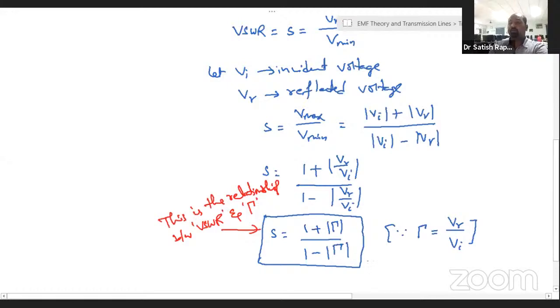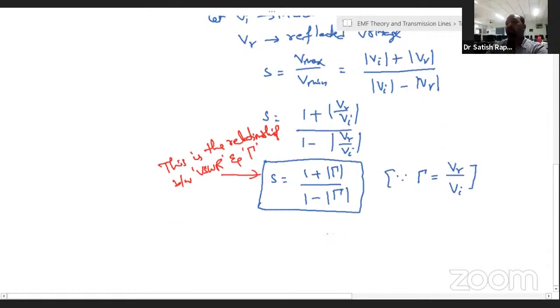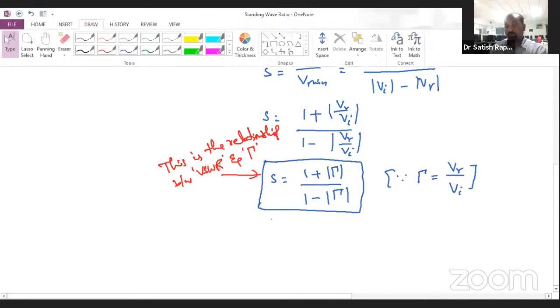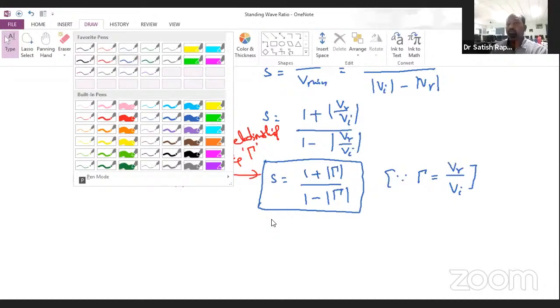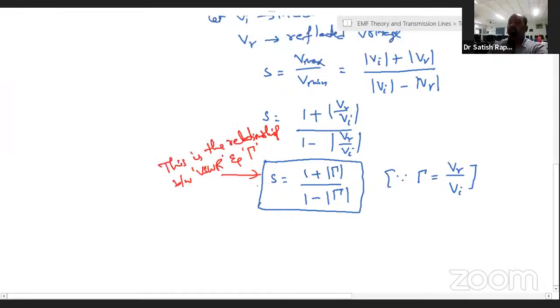Very important, remember this formula. Small s, VSWR, is equal to 1 plus capital gamma by 1 minus capital gamma. So here I have expressed the voltage standing wave ratio as a function of the reflection coefficient.